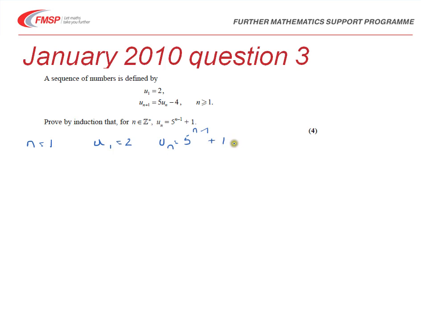But of course when n equals 1, 5 to the power 1 minus 1 plus 1, that's 5 to the power 0 plus 1, which is equal to 2. So really just for showing that we've got 1 plus 1 there is equal to 2. So it's true for n equal to 1.